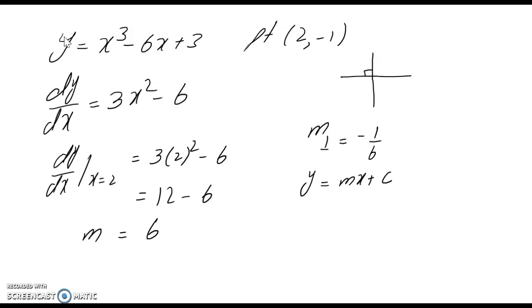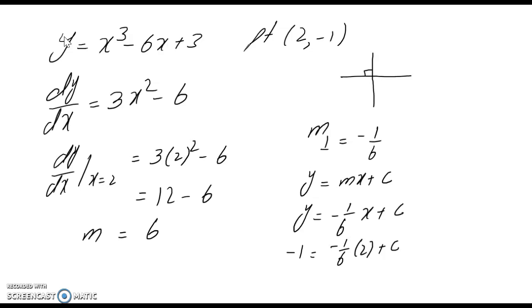We already have m, which is -1 over 6, plus c. The only part left is figuring out what c is. We can use this point here, and then we will be able to know the value of c.